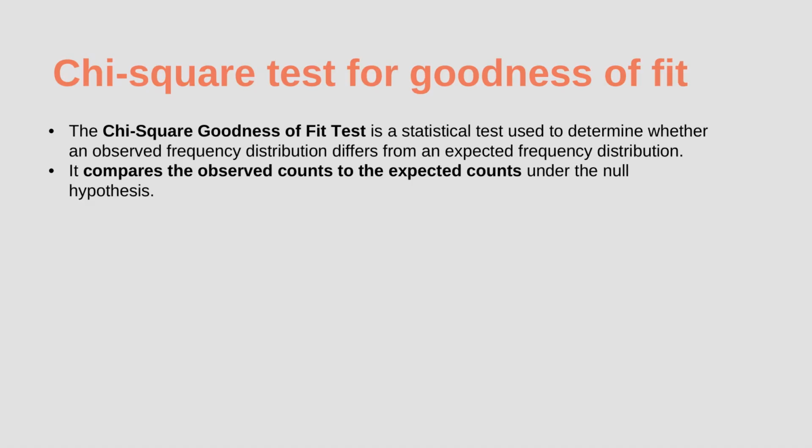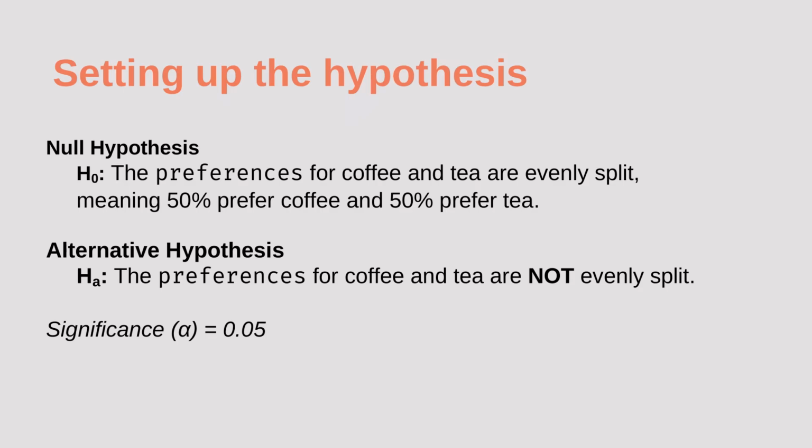It is commonly used in cases where you want to compare the observed frequencies from the data you collect to the expected frequencies, which are the theoretical predictions. Let's demonstrate by setting up a hypothesis. Let's say we're interested in whether the preference for coffee versus tea in a population is evenly distributed. We set up the hypothesis like so.